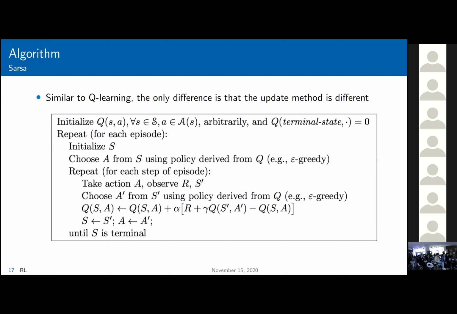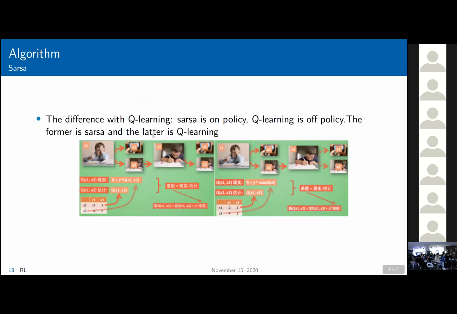The difference between the two is that the behavior update criterion is different. SARSA will not choose the maximum estimated Q value, but directly chooses the estimated Q value. So this picture is a comparison of the two algorithms.